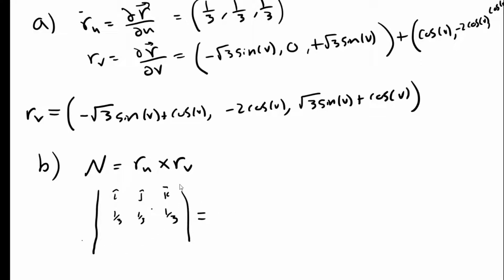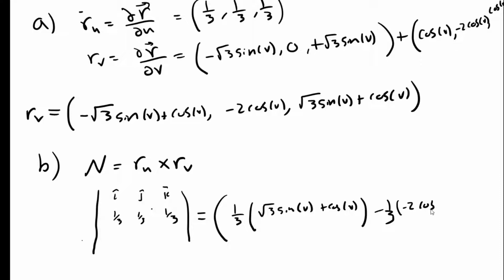So for the I component, we have, cross this out, 1/3 times the k component, root 3 sine v plus cosine v, minus 1/3 times the y component, minus 2 cosine v. Okay, so that's the I component.